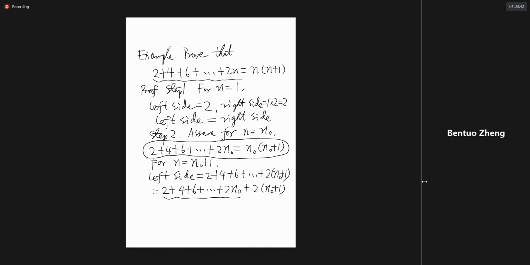So this is a star. So this is equal to, you use star, the first n0 terms add up to n0 times n0 plus 1, plus 2 times n0 plus 1. So this is by star, okay?